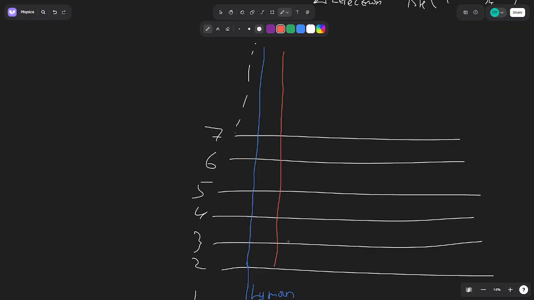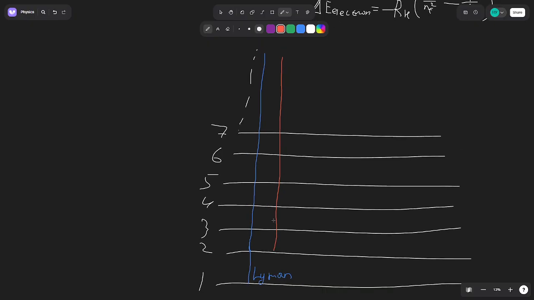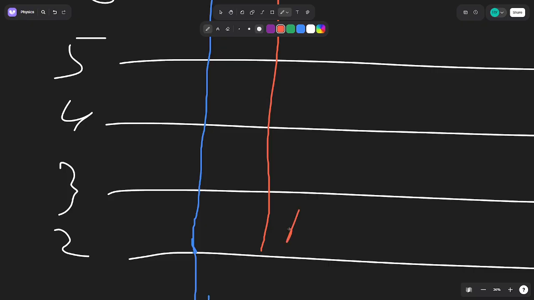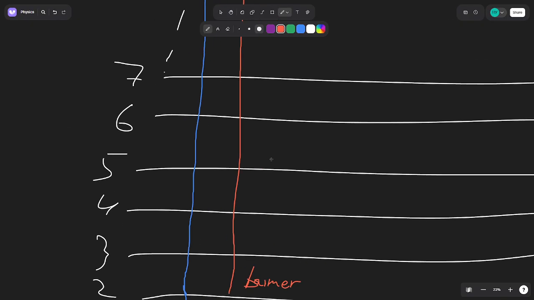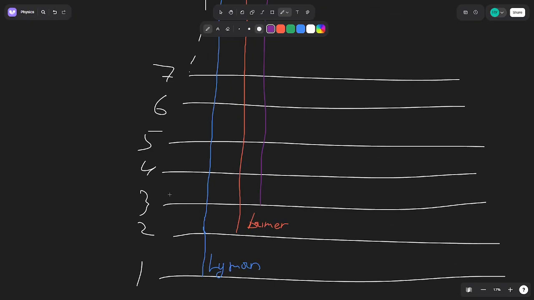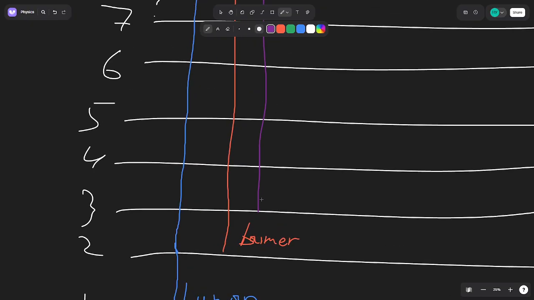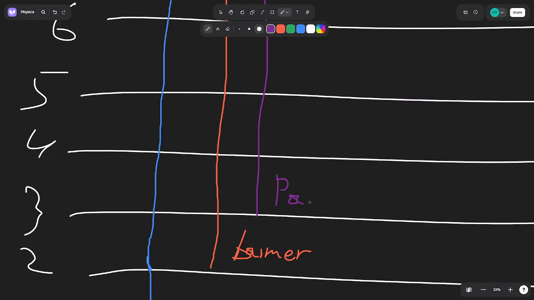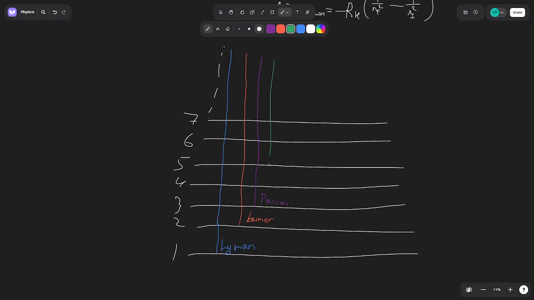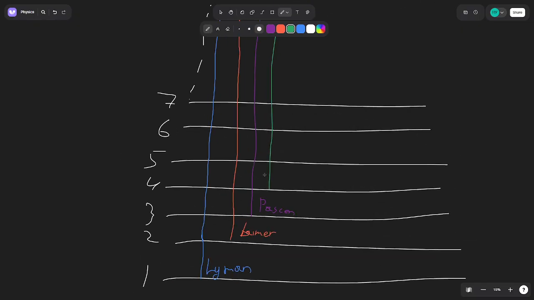Again, they don't pass further than the second layer: Balmer. Then they stop at the third stage, passing: Paschen. And the last one is Brackett.